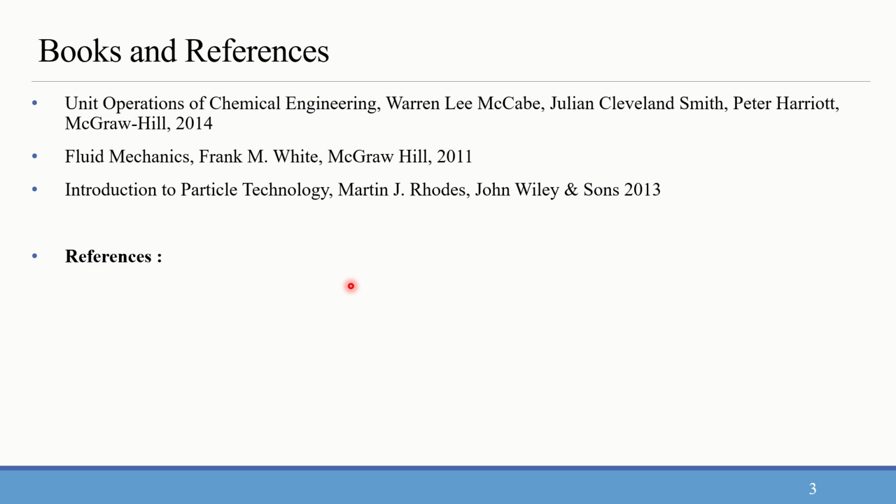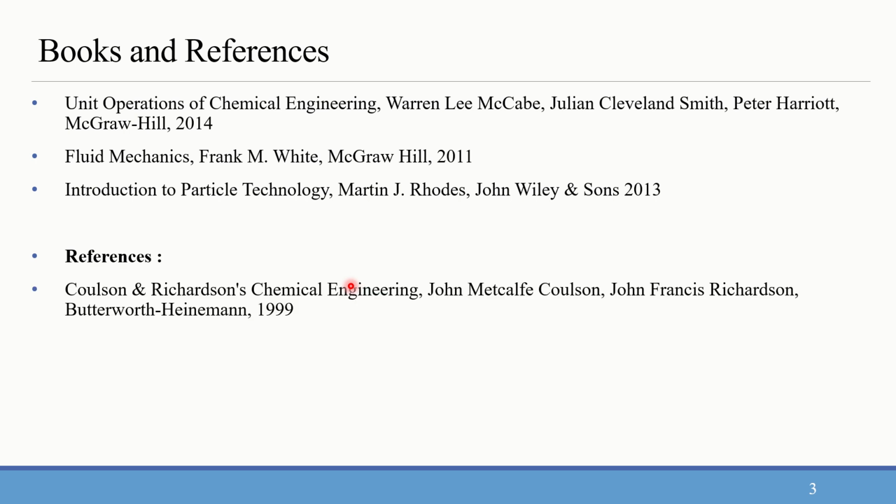For references, we have a few books: Coulson and Richardson's Chemical Engineering, by John Metcalfe Coulson and John Francis Richardson. This is another famous book. All these are very famous books in the chemical engineering field. Another reference is Fluid Mechanics by Pijush K. Kundu, Elsevier, 2013.